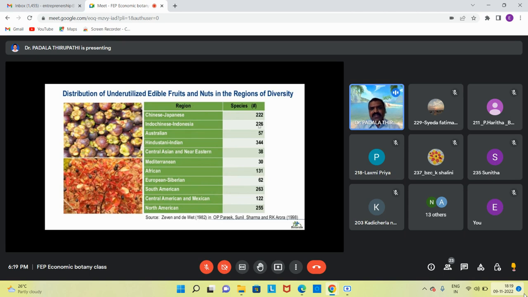Among these regions, different species are diversified and distributed. See here, in the Chinese-Japanese region, only 222 species of edible fruits are known, and in the Indo-Chinese Indonesian region only 226. In the Australian region only 57 species of edible fruits and nuts, and in the Hindustani Indian region we know 344 species of edible fruits and nuts.